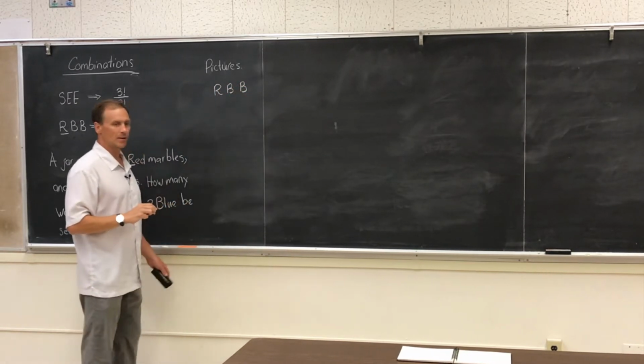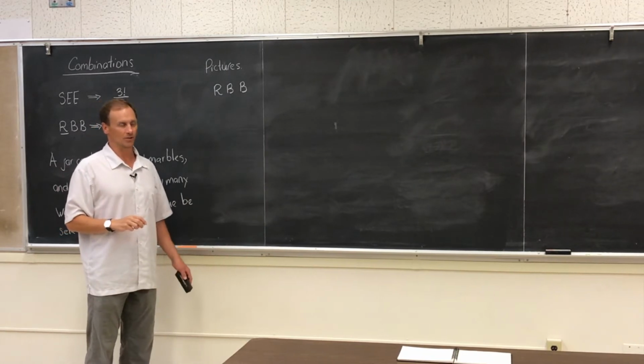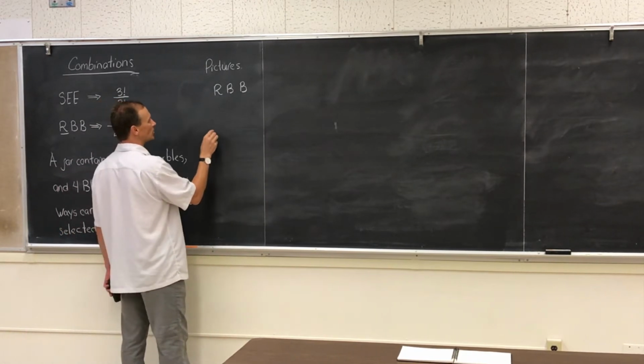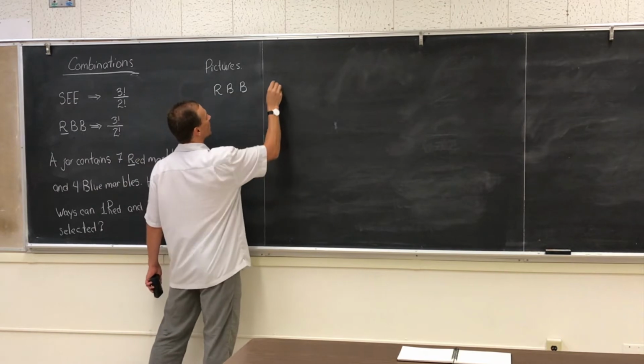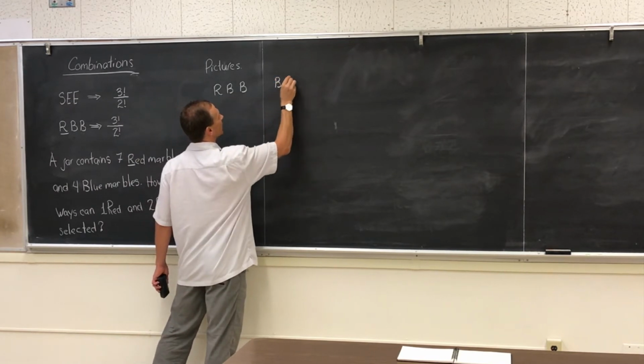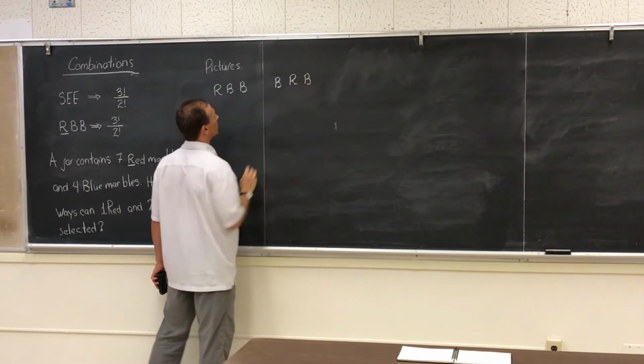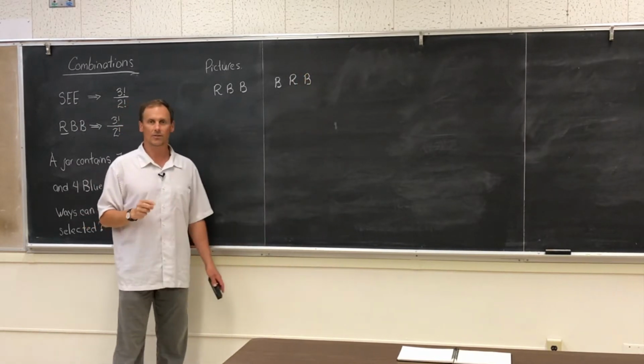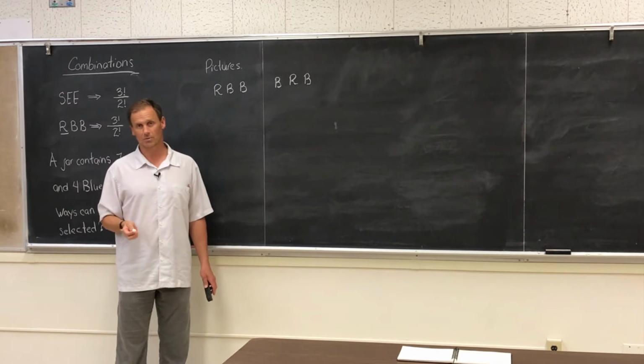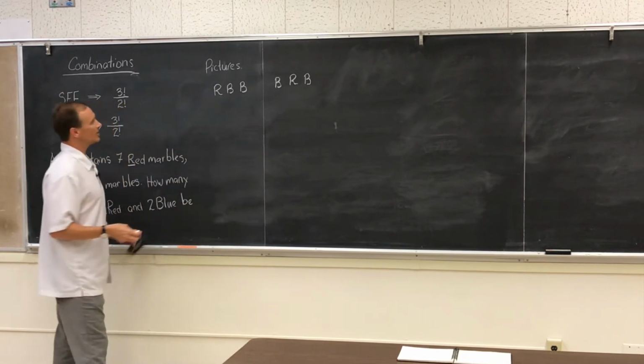But maybe you just didn't want to feel constrained. Maybe you drew a blue first, and then a red, and then a blue. And what I want to show you is that's okay. Either picture works.